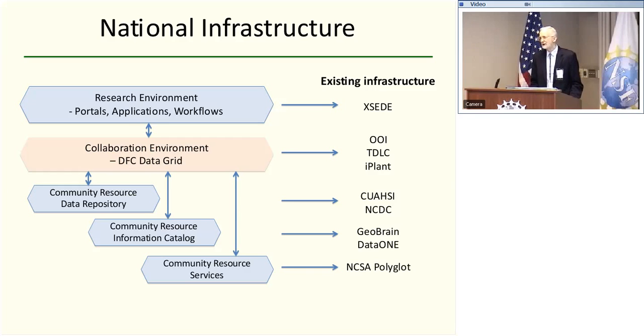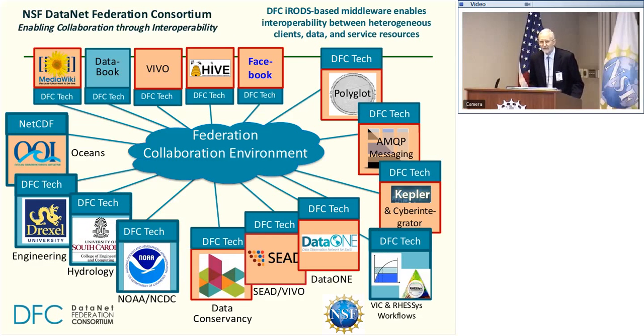So within the collaboration environment, we need to not only be able to manage the community consensus on how you're going to share and organize data, but also provide the mechanisms that simplify access to this wide diversity of resources. So within the DataNet Federation Consortium, we're interacting with multiple types of resources.